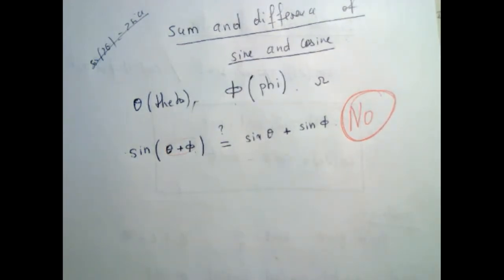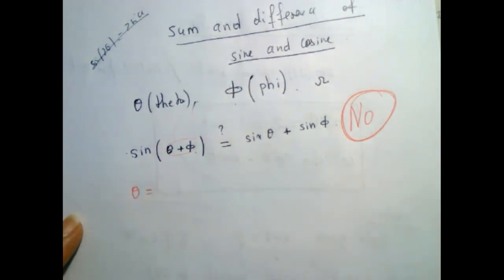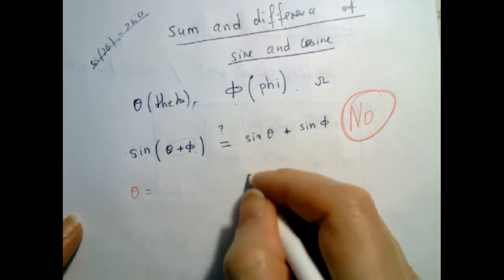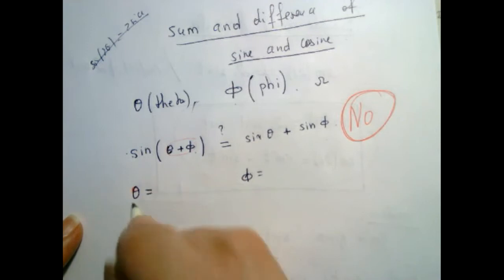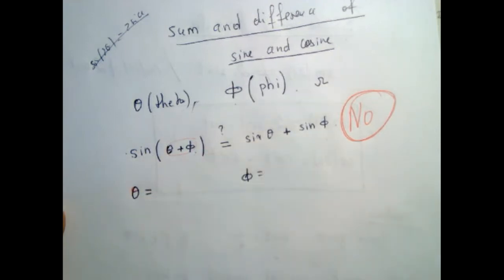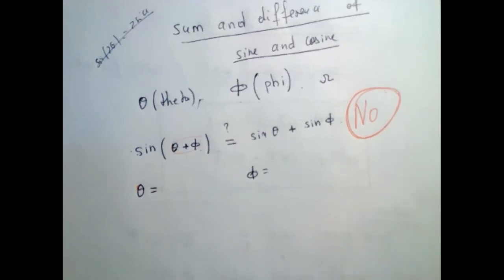So let us think of an example. Who can give me an example? I'll give you a minute to play with it. I want you to give me an angle theta, whatever angle you think, and I want you to give me an example of an angle phi, so that this equality fails. Who can give me an example of angles theta and phi that will make this equality fail?